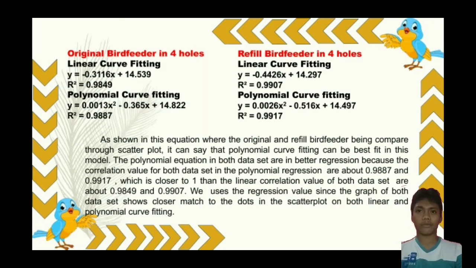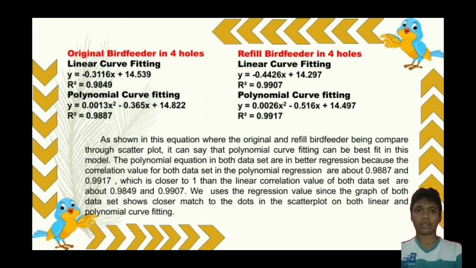In polynomial curve fitting, y equals 0.0013x squared minus 0.365x plus 14.822. The regression is 0.9887.